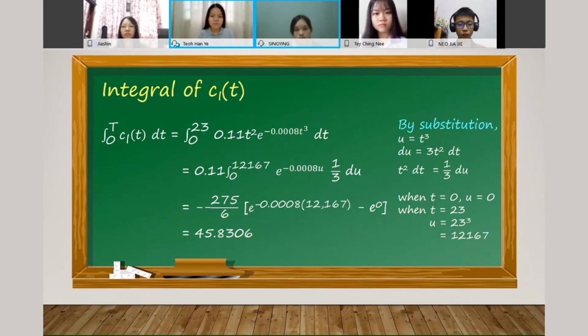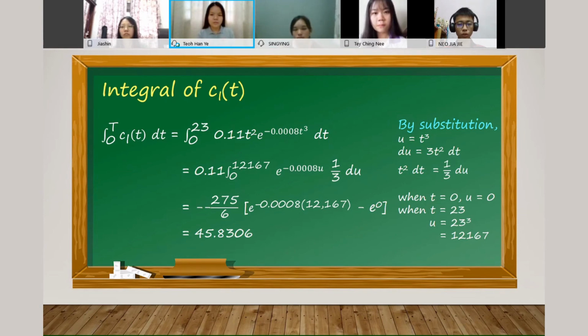Since we now have the equation of the concentration of dye, we will proceed to the integral of C1(t). The limits of the integral are 0 to 23, which is the time taken for the dilution test. In this case, we will do the integration using the substitution method. We let u equal t cubed, then du will be 3t squared dt, so we can replace t squared dt in the calculation by 1 over 3 du.